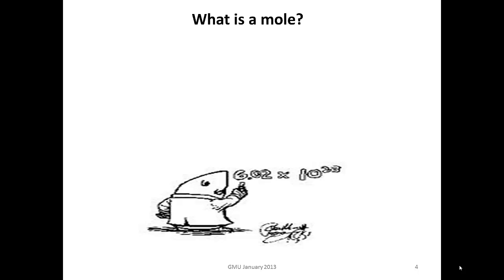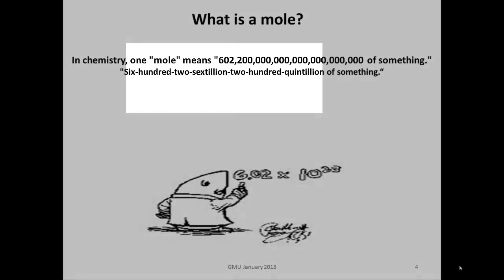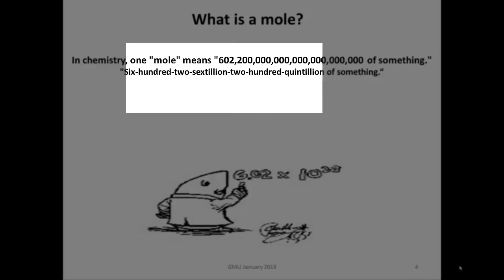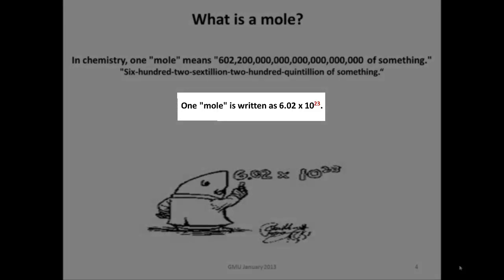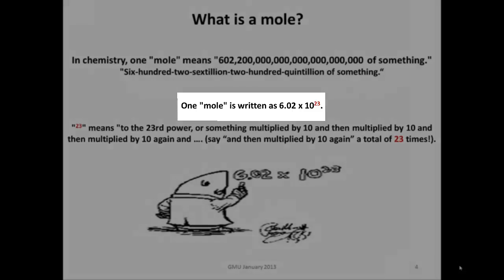Now, what is a mole? In chemistry, 1 mole means 602 sextillion 200 quintillion of something. 1 mole is written as 6.02 times 10 to the 23rd.